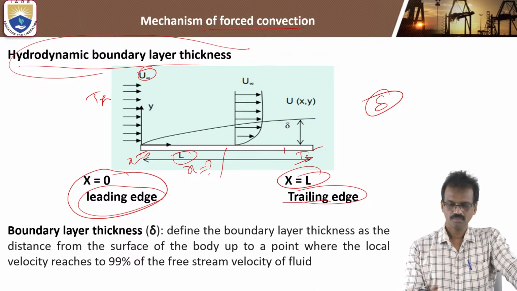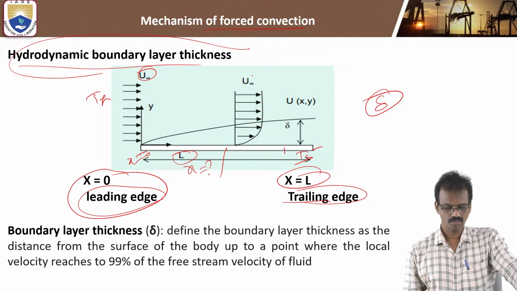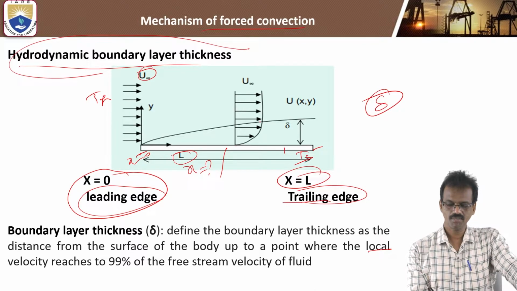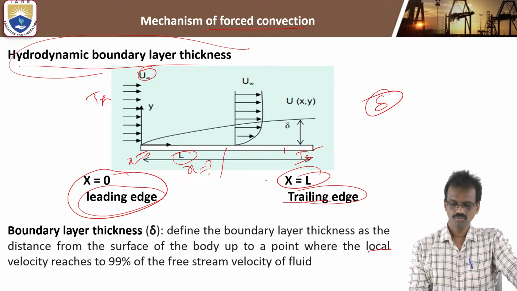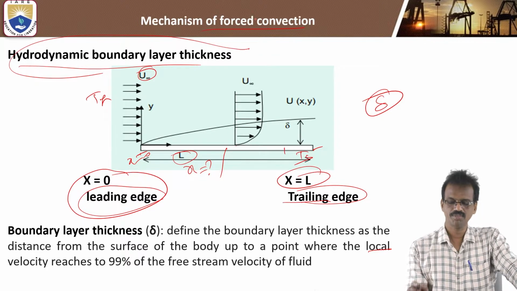Here, this is the velocity profile. You know the velocity profile. Initially, the particles very near to the solid surface do not have velocity. Next, gradually the velocity of the fluid increases. Here we see the local velocity, which gradually increases up to a particular point, and after that the same value continues.